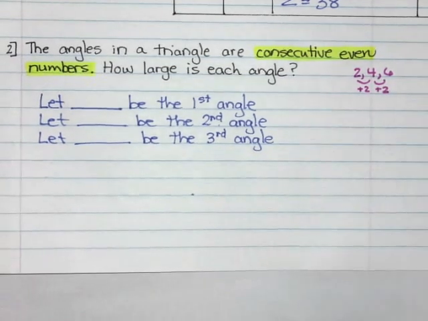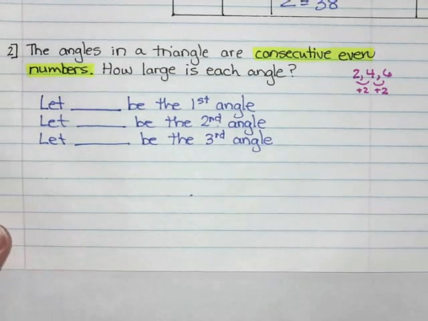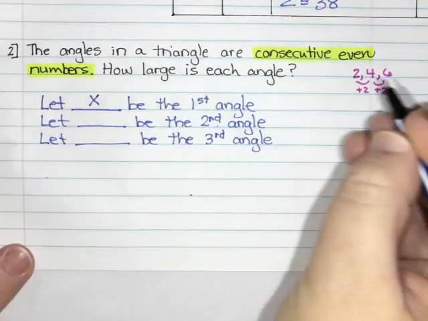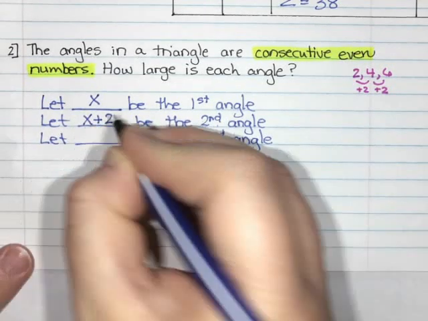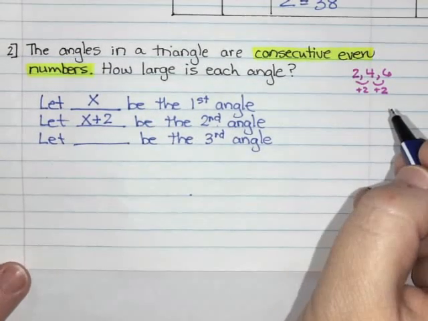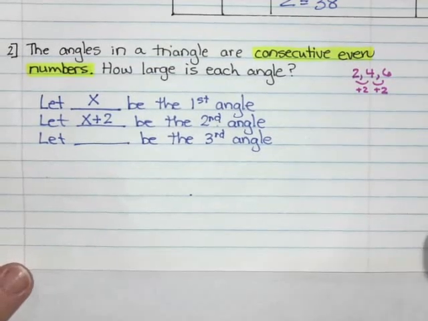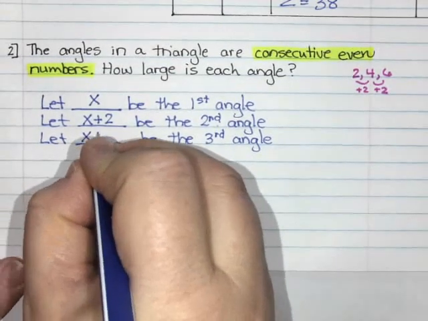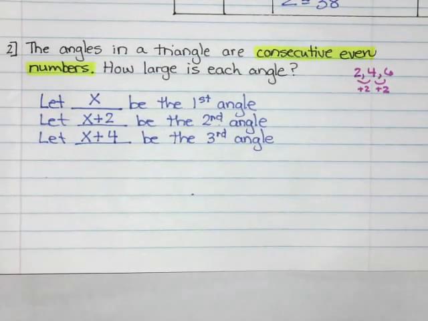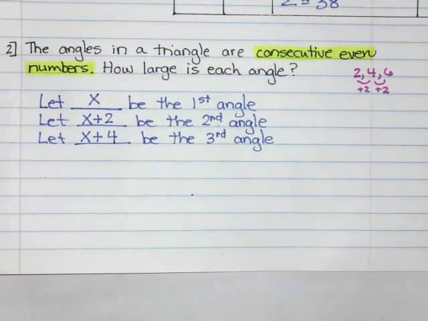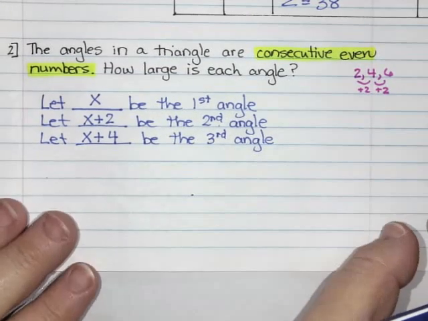So if I let the first number be x, the second number should be 2 bigger, so x plus 2. And the third one should be 2 bigger than that, so x plus 4. So I'm going to let x be my first angle, x plus 2 be my second angle, and x plus 4 be my third angle.